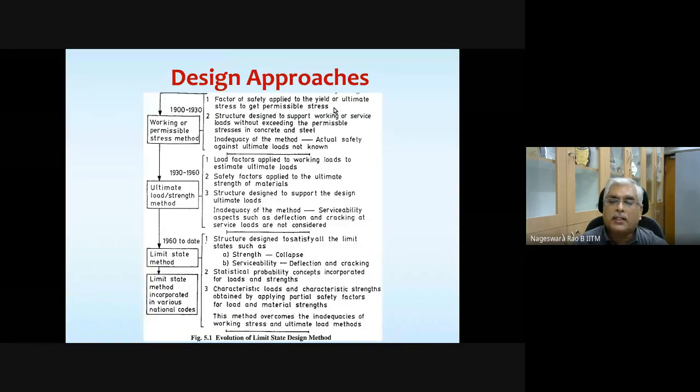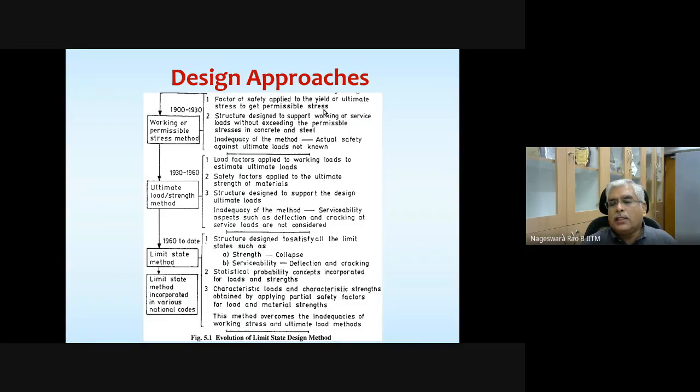So you know the ultimate or yield strength of that steel, as well as the strength of the concrete. In this method, a factor of safety is applied on the yield or ultimate stress to get permissible values.